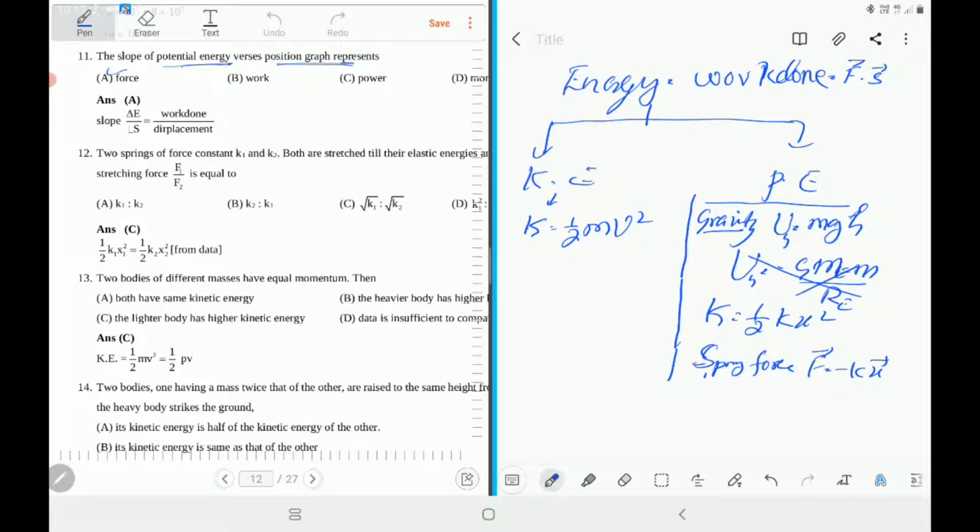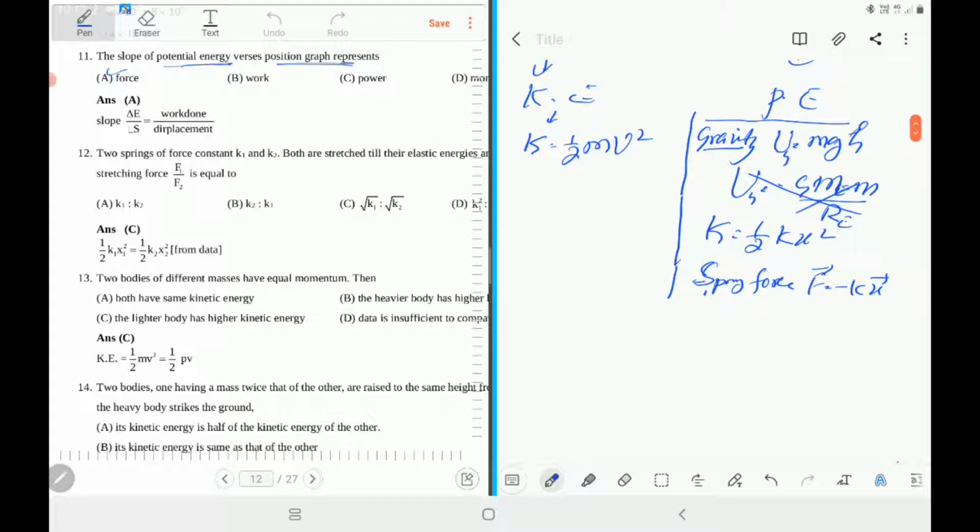When there is an extension or a compression in a spring, I explained this in detail in the oscillatory motion chapter. The spring force is always opposite to the displacement, in the sense of extension or compression of the spring, where k is the spring constant, that is F divided by x.